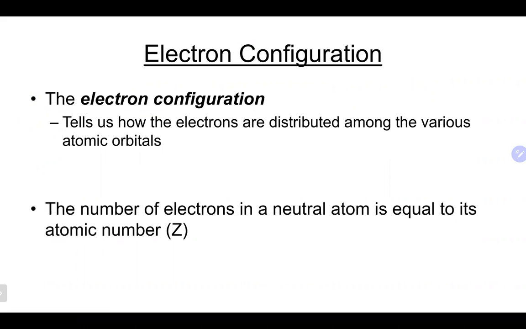A couple of reminders, as we talked about with atomic number: the atomic number is the number of protons that we find in an atom. And if we are dealing with something that is neutral, the atomic number will also give us the number of electrons. If something is neutral, it has no charge, so it should have an equal number of electrons and protons.